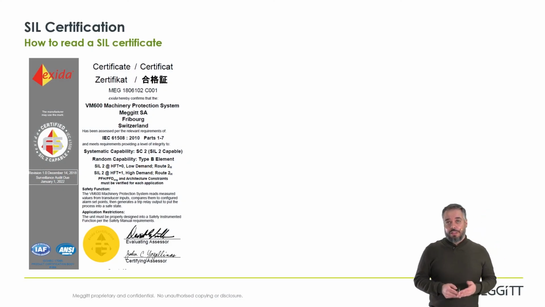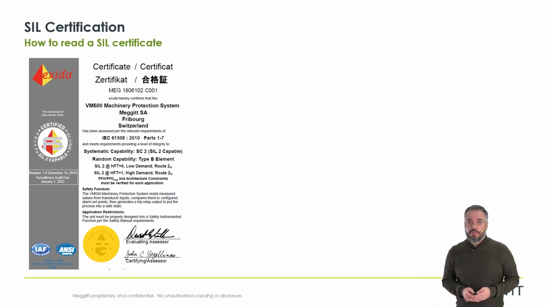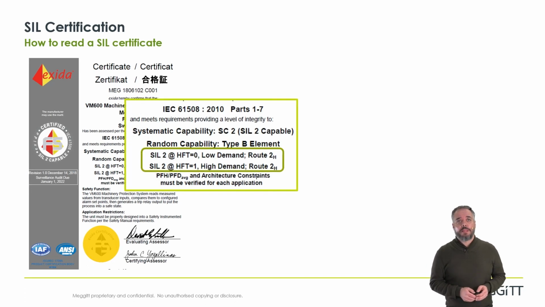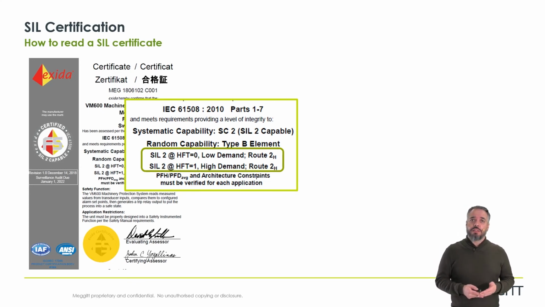Let's look now at another example. In this case, we will see how low demand and high demand can be fulfilled by the same product, with, of course, and as we were expecting, some architectural constraints. As seen in other examples, you can see all the obligatory information in this certificate, and also systematic capability, type of element, SIL level, etc. But note what is said regarding demand modes.